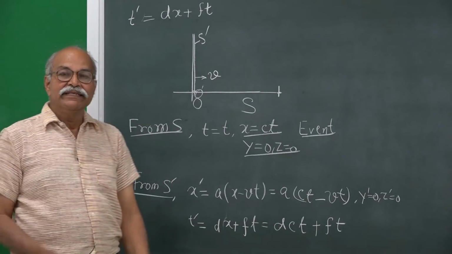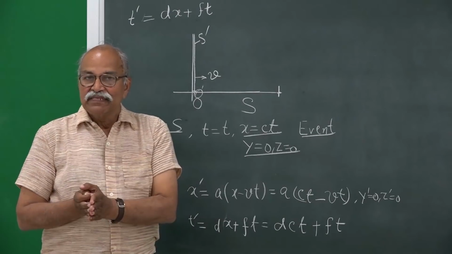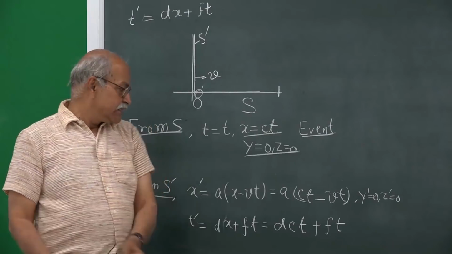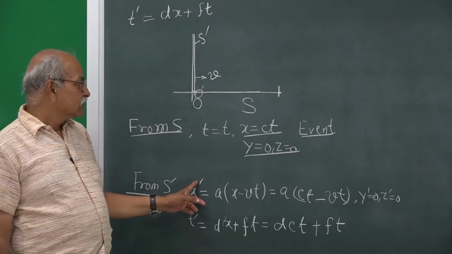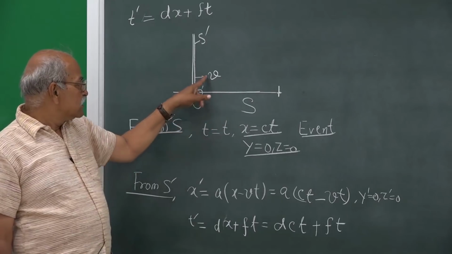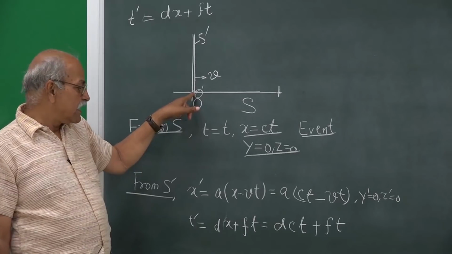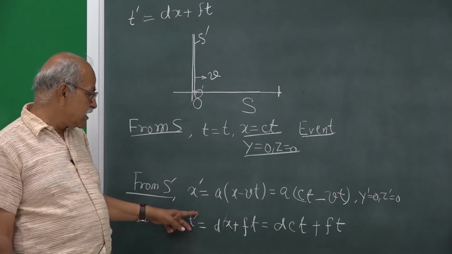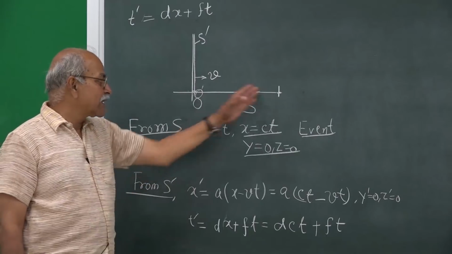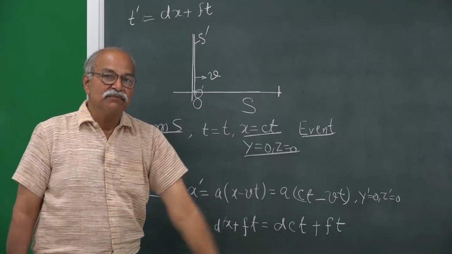How much is the distance covered by this light pulse in S prime? The distance covered is x prime, because in S prime also it was generated at the origin, and then at time t prime it is at x prime on the x axis, that is the leading edge of the pulse.